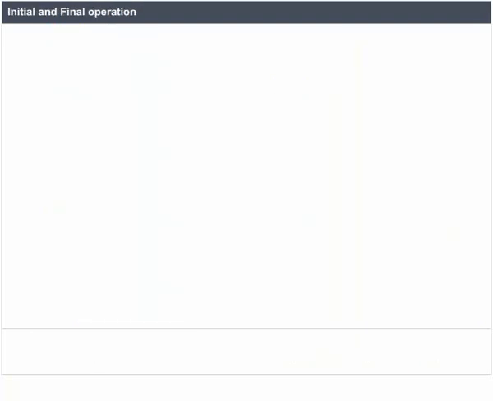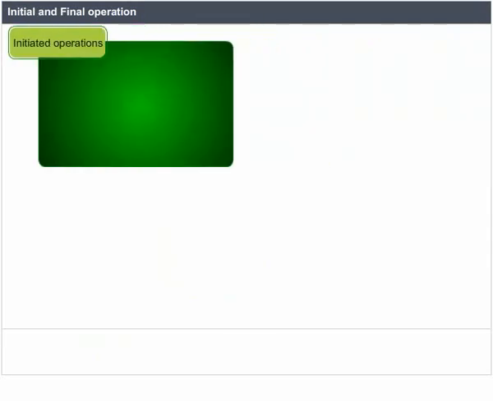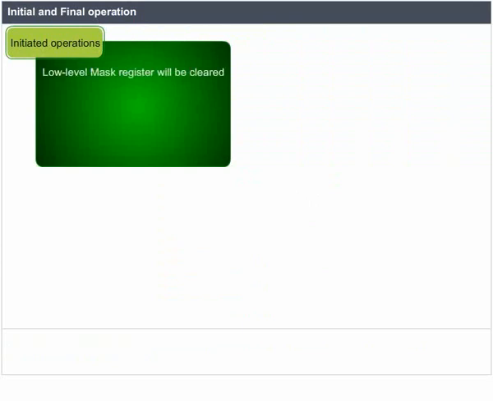Initial and final operations. Each interrupt service routine must have both an initial and a final set of operations for controlling the registers in the hardware system. The initial operations are: clear the lower-level mask register, clear IST, save the contents of the processor registers, set IEN, and proceed with the service routine.